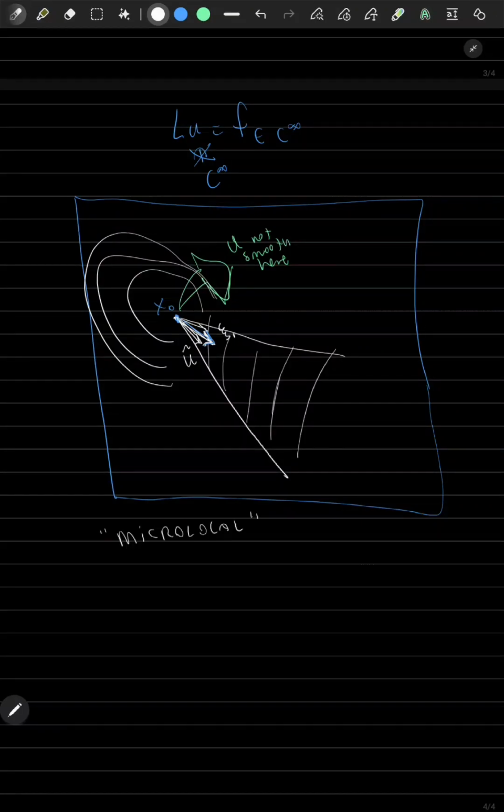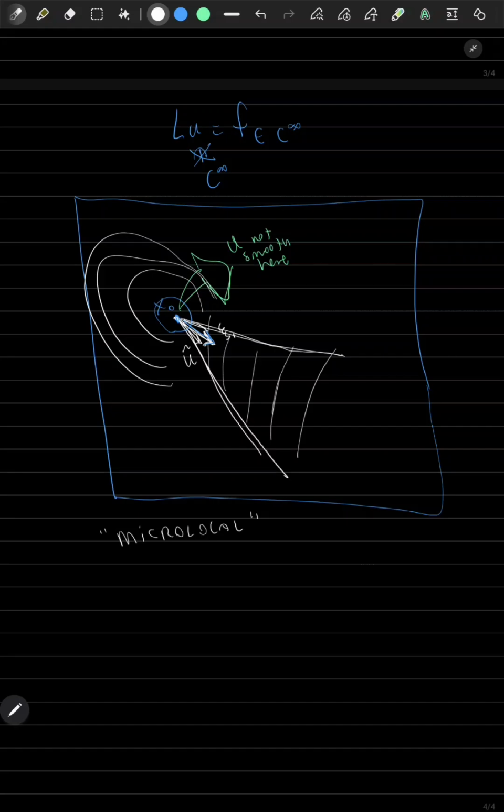Microlocal because not only are we restricting our attention to a neighborhood of x0, but we're restricting even further to a cone in the domain of the Fourier transform.